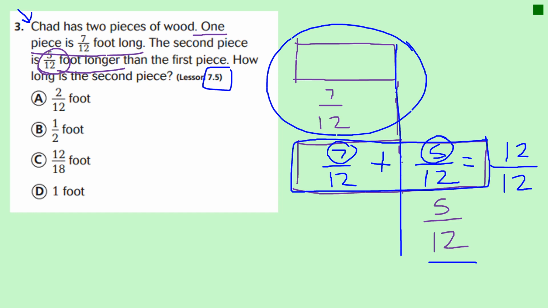So, looking for 12/12. No, 12/18s, no. Wait a minute, I don't see 12/12. I know I'm not tricking you guys, am I? 12/12 means you have 12 equal pieces that this wood is divided into, and you have all 12 pieces. So guess what? You have 1 whole foot. Right? Doesn't 12 inches make 1 foot? And you have all 12 of those inches?